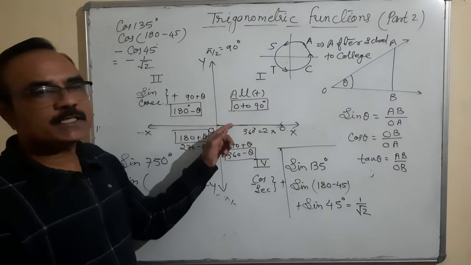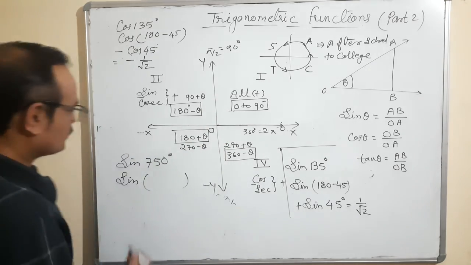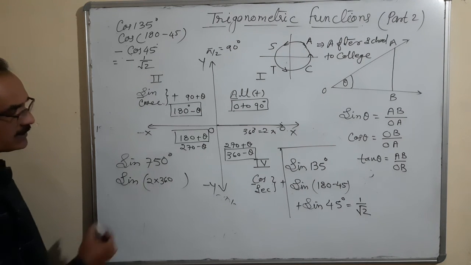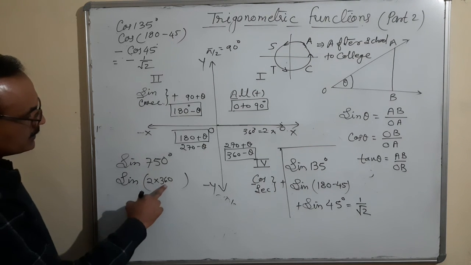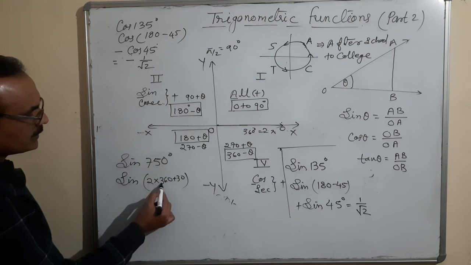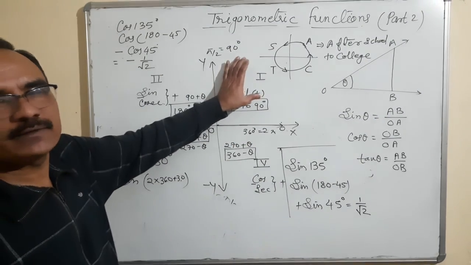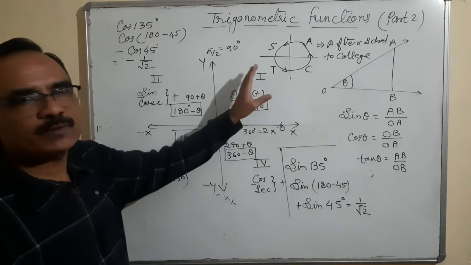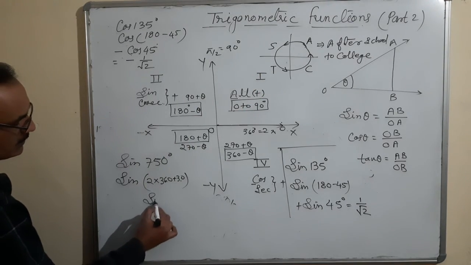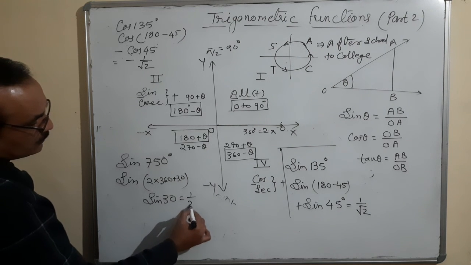In one rotation 360, second rotation 360 into 2, 720. So I can write 2 multiplied by 360, which is 720, plus 30. And 360 plus theta comes in the first quadrant, and all the rules of the first quadrant are followed, all positive. So sine 360 plus theta is sine theta, the value is sine 30 with positive sign, which is 1 upon 2.